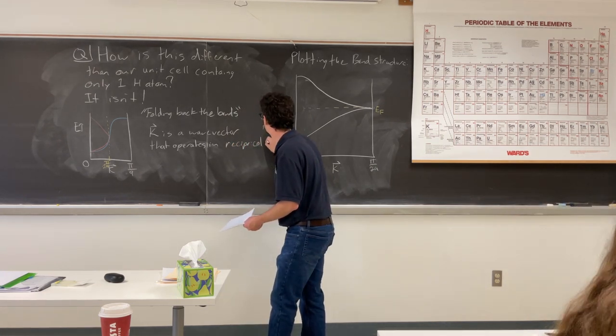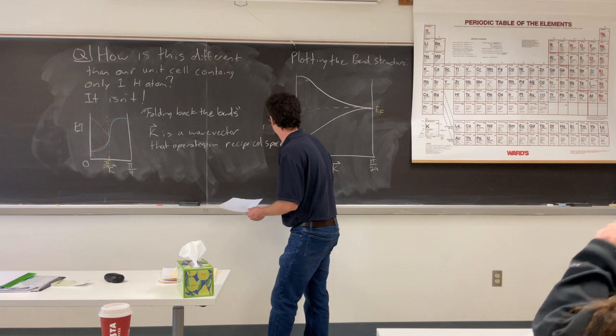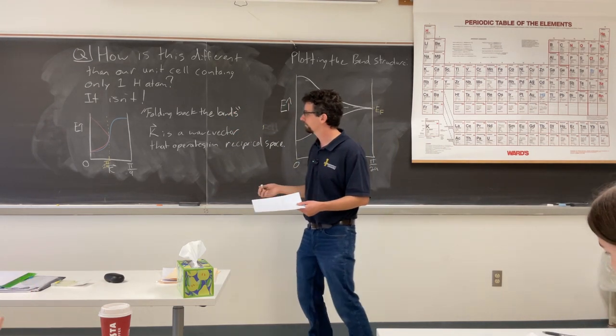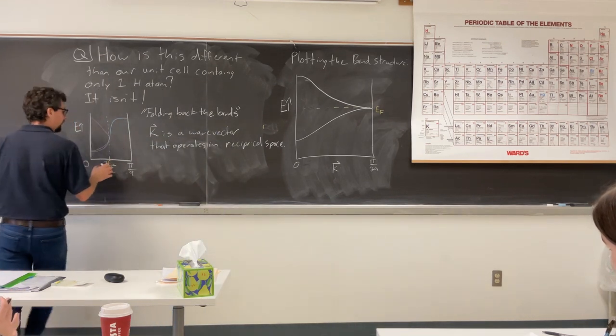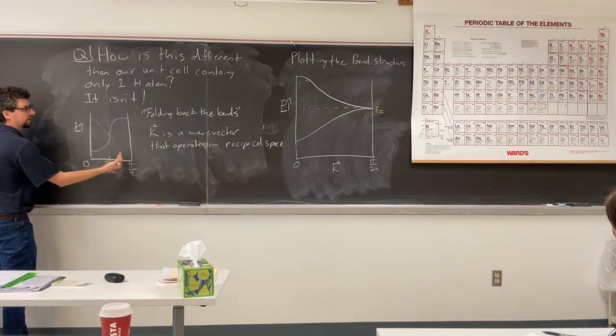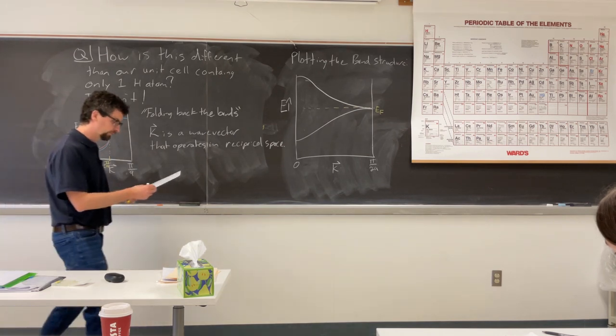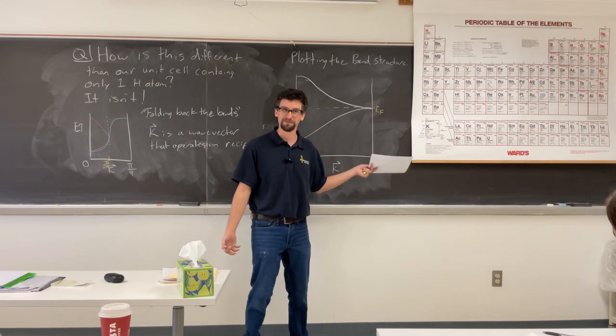So to repeat what you said, that little U shape that was formed was by expanding the unit cell. Yep, so we expand the unit cell. This portion just folds back onto itself, and we really don't get any new information, right?